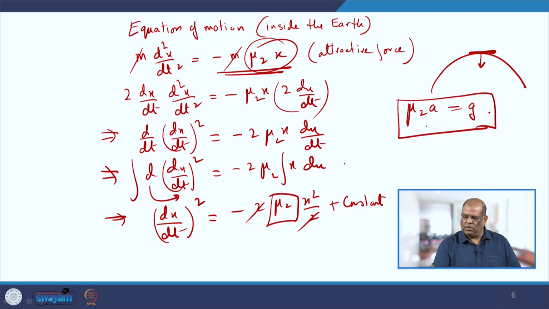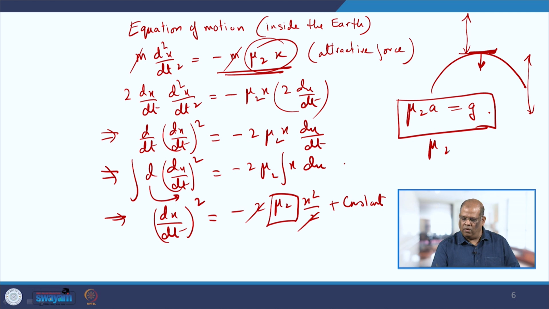This one was considered for the lower part and the previous one was considered for the upper part, but on the surface the value of g remains constant. So, if I consider from the lower point of view, this g is also equal to mu 2 a, because it follows the linear law.